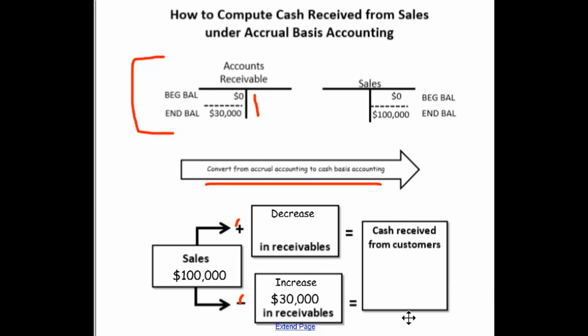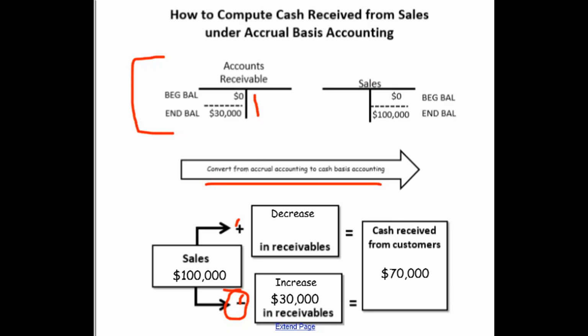We take our total sales, we subtract out our increase in receivables, and when we do that, we net out to $70,000 of cash received from customers. You'll remember from the previous slide, that's exactly the amount we received from our customers. So this helps prove to you that the formula works.